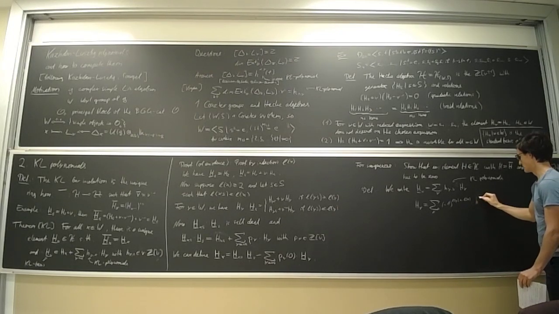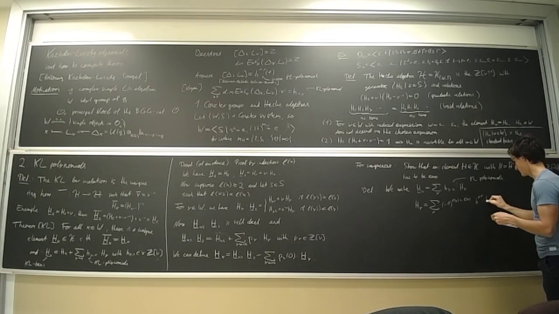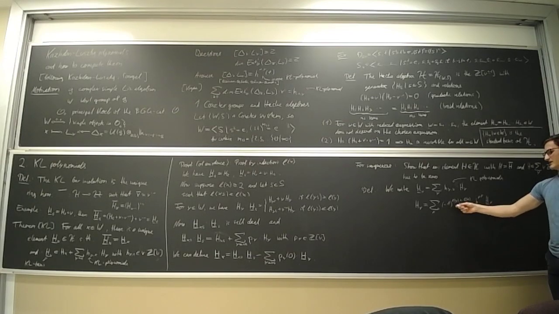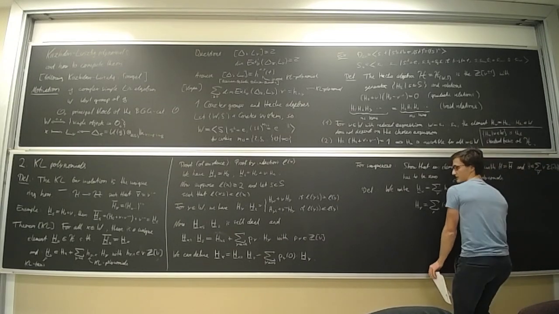Then you get the inverse Kazhdan-Lusztig polynomial times the Kazhdan-Lusztig basis element. And with this sign convention, these polynomials are also going to have non-negative coefficients. That's why it's so convenient. The signs are a bit nasty in this formula, but they make the polynomials nicer. All right, let's do an example.